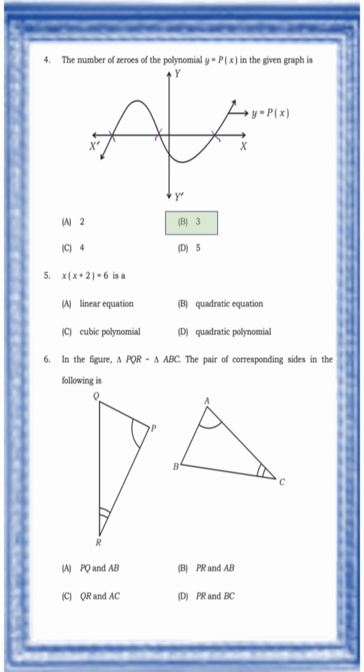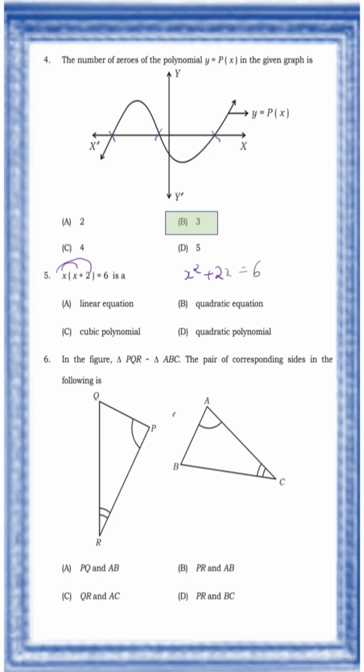Okay. Now the fifth question: x into x plus 2 is equal to 6 is A, linear equation; B, quadratic equation; C, cubic polynomial; D, quadratic polynomial. Here x into x, what is it? x square. x into 2 plus 2x is equal to 6.